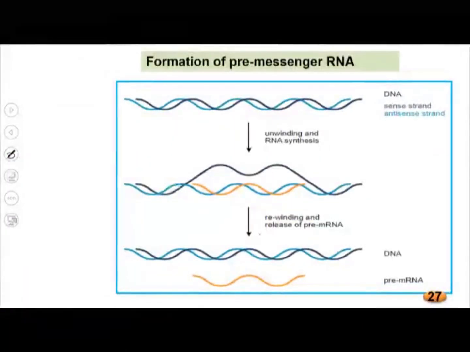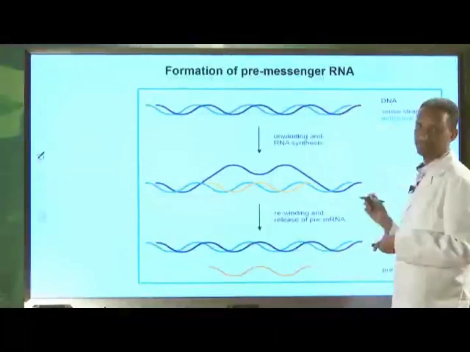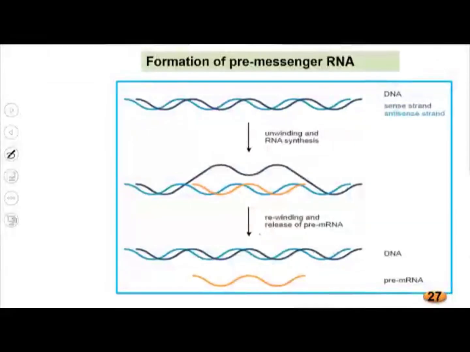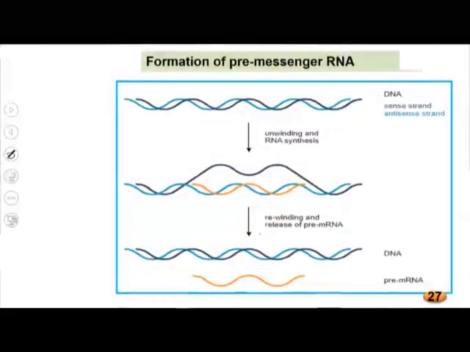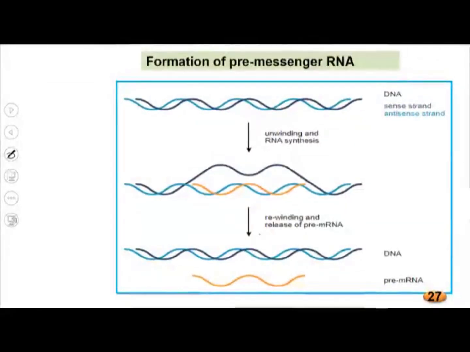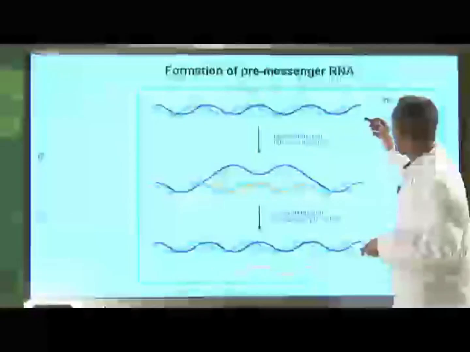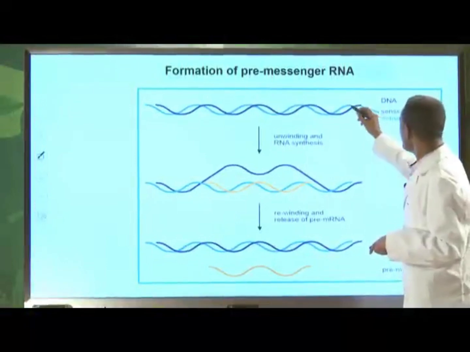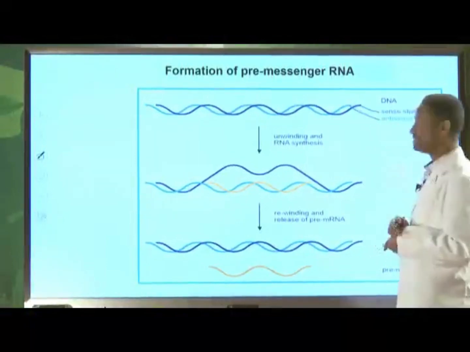In this case, if you take this one as a DNA, as you know, the DNA is a double-strand nucleic acid. This double-strand nucleic acid has the sense strand, this one, and again it has the antisense strand.